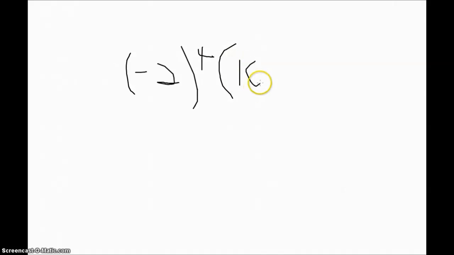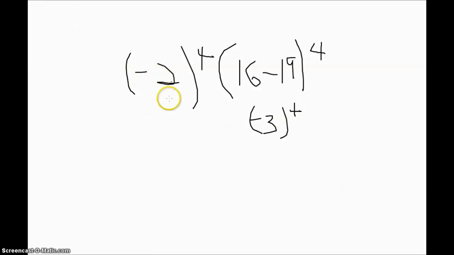This next problem is negative 2 to the fourth power times the quantity of 16 minus 19 to the fourth power. Okay, so remember, first we want to do what's in the parentheses. So here we have negative 3 still to the fourth power. Now, we know negative 2 to the fourth power is negative 2 times itself 4 times.